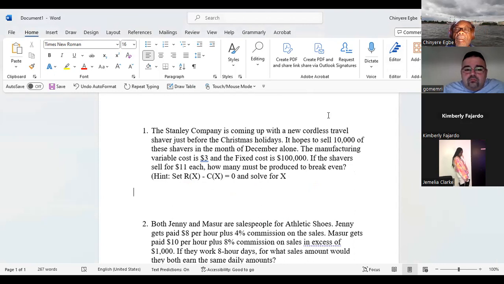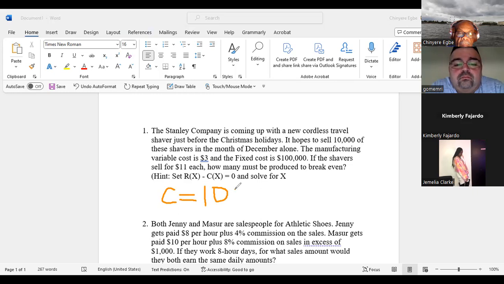All right, so our equation here would then be the cost will be $100 thousand plus $3 for each shaver. Okay. So 100,000 plus 3 times S.